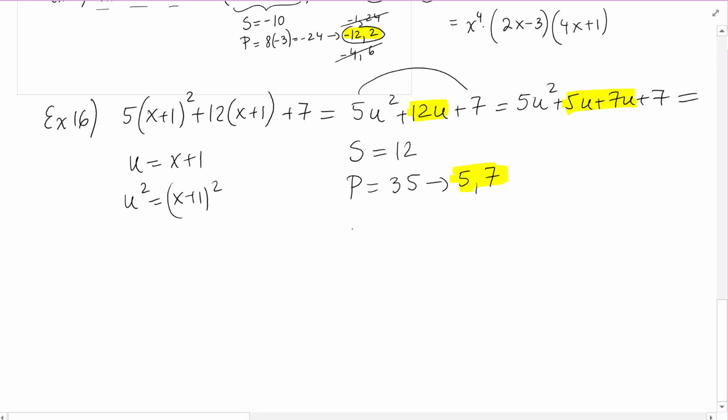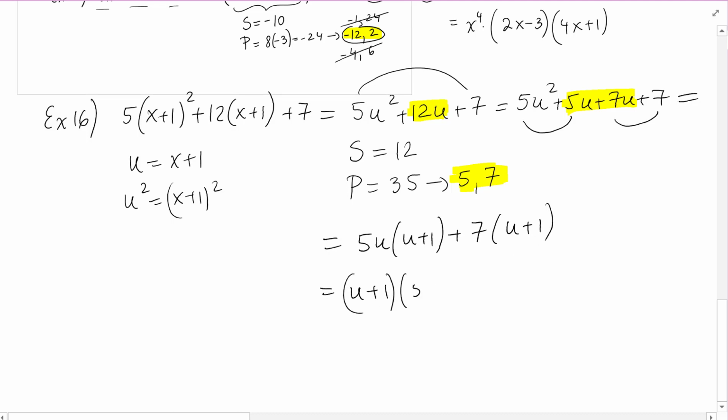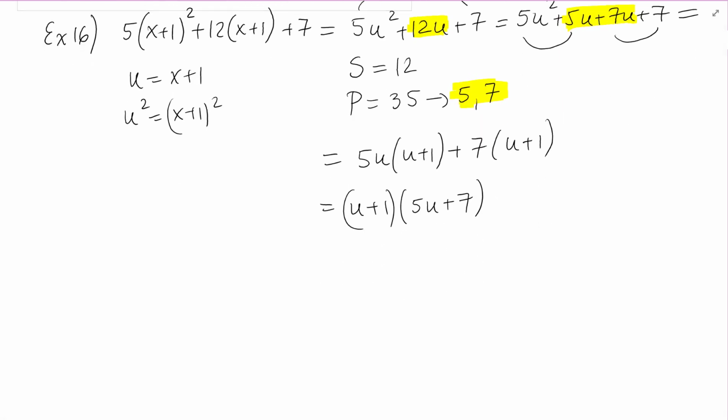So now we have 4 terms, so I'm going to group the first two and the last two. So 5u times u plus 1 plus 7 times u plus 1. U plus 1 is a common factor, and then we get u plus 1 times 5u plus 7. But u is x plus 1, right? So everywhere I see u, I'm going to put x plus 1. So it's going to be x plus 1 plus 1, right?